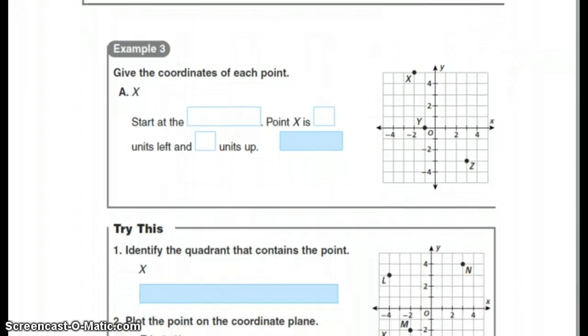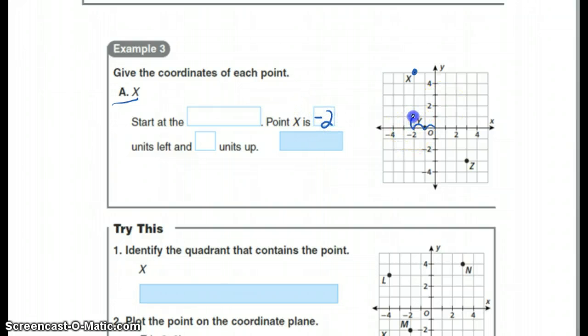So let's find point X. I'm going to have to find my coordinates. So let's find X. X is here. So I'm going to start from origin. Always start at the origin. I move across first. So I move 1, 2. So I'm at -2.